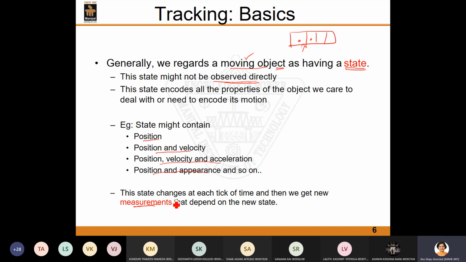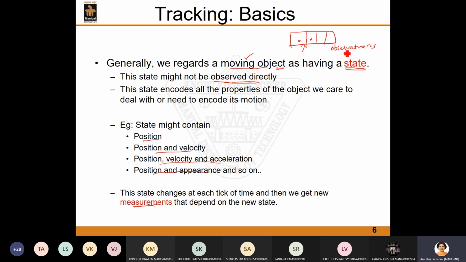as well as how it keeps on changing in each frame, right? So in each frame over here, when the state of an object is keeping on changing, there would be some quantity which keeps on changing, as I said. And that quantity is measurable. That kind of measurement that we are taking is also called observations.